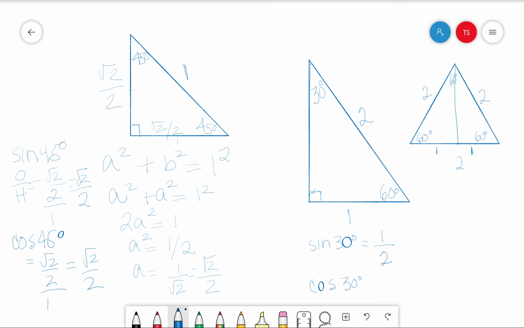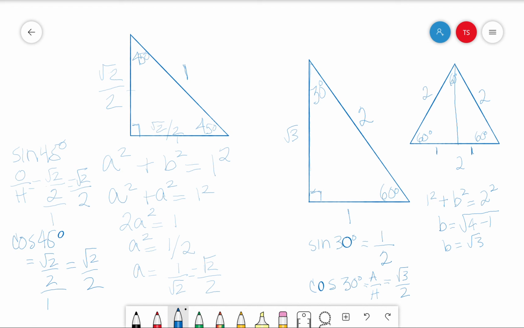I know that 1 squared plus b squared is equal to 2 squared. So b is going to be equal to the square root of 4 minus 1, or b is equal to the square root of 3. And so the cosine of 30 degrees then is going to be the adjacent side over the hypotenuse, or the square root of 3 over 2.